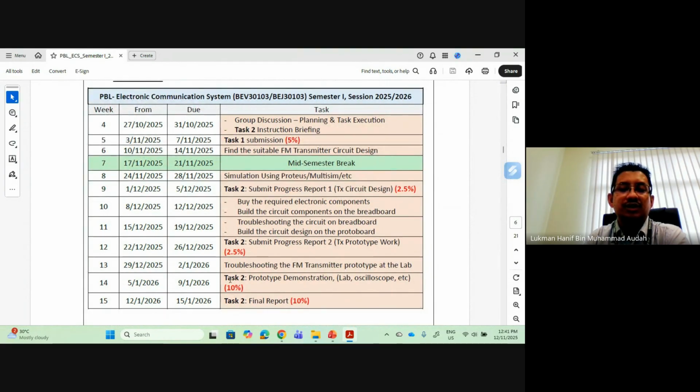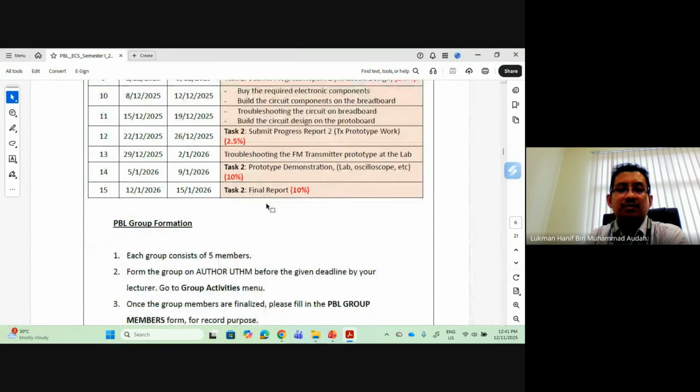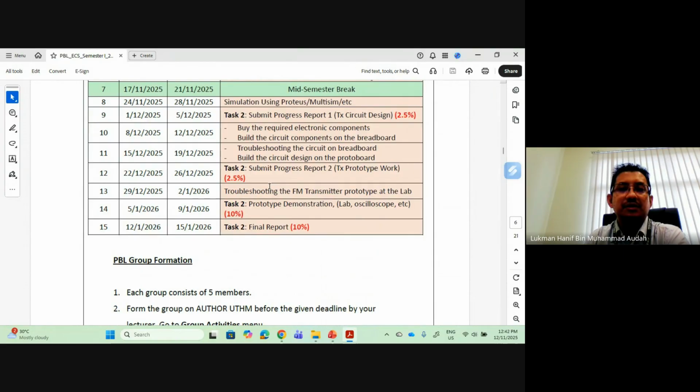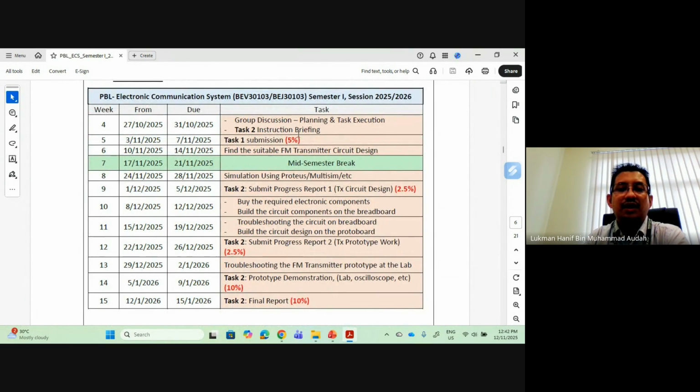These are the activities for task number 2. There are a few activities that you should follow. We are already in week number 6, so I suggest you start as soon as possible. In the middle, we will have the progress report 1 submission through the author, and then the progress report 2 submission.